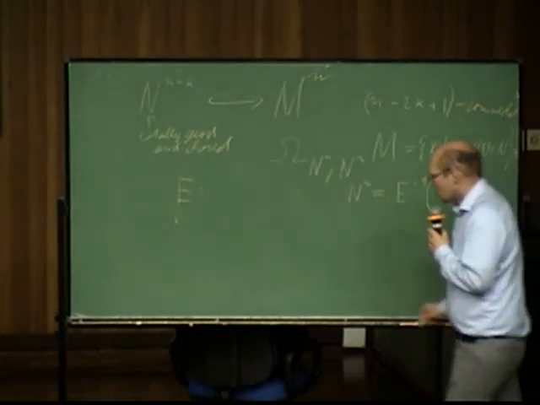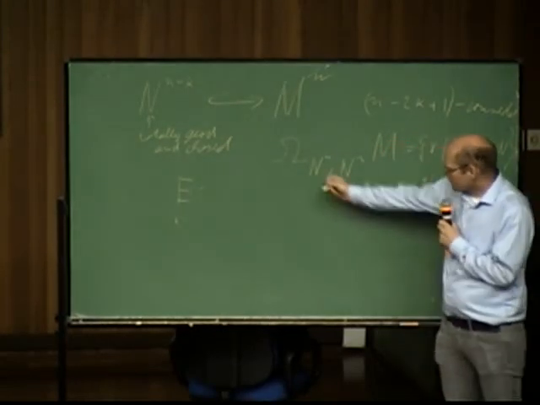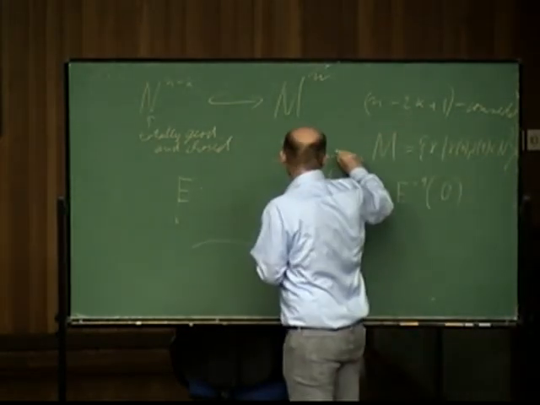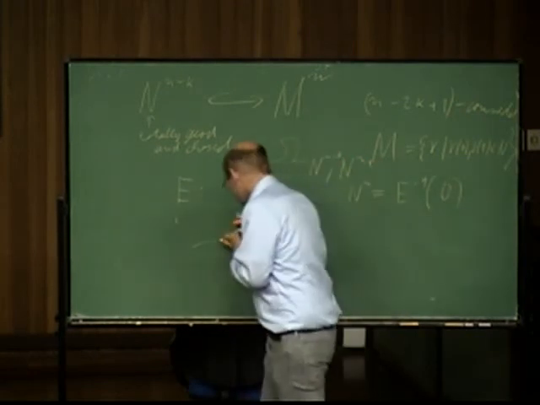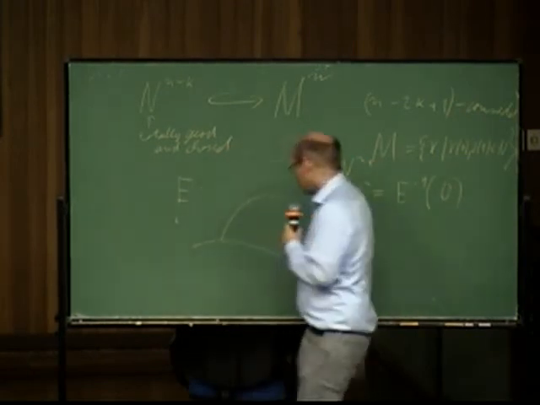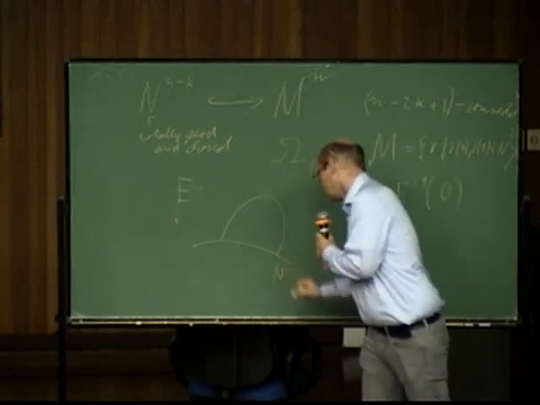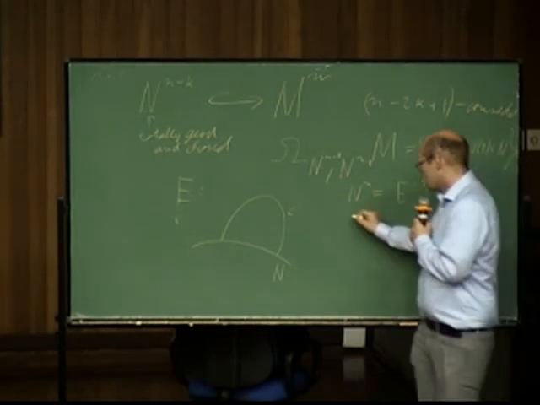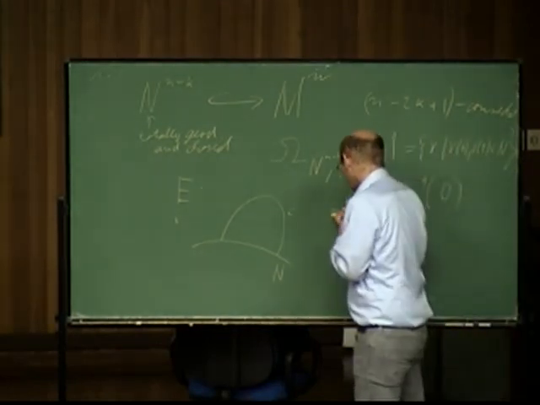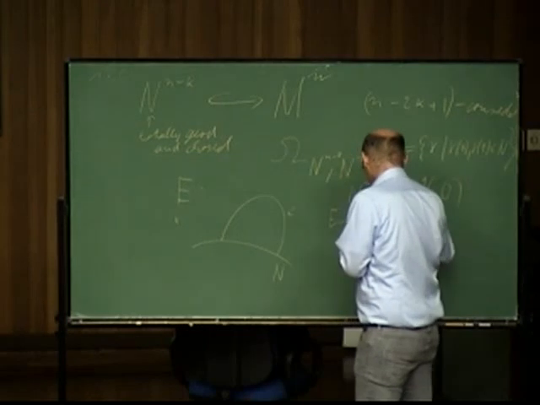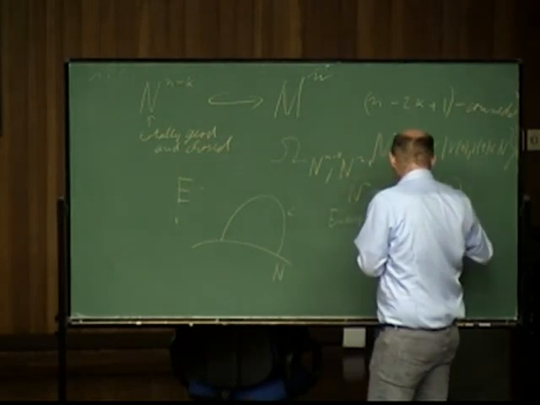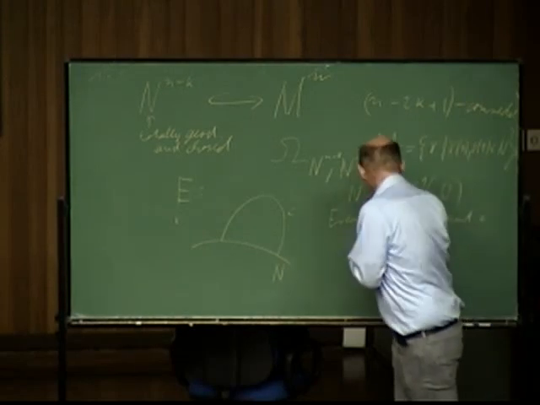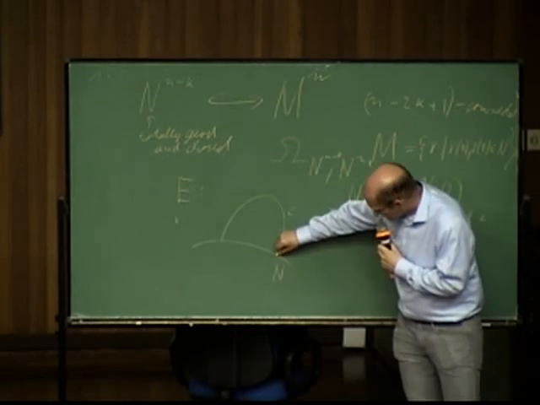Now the critical points of the energy function are geodesics that start and end perpendicular to N, and every critical point of positive energy is such a geodesic.